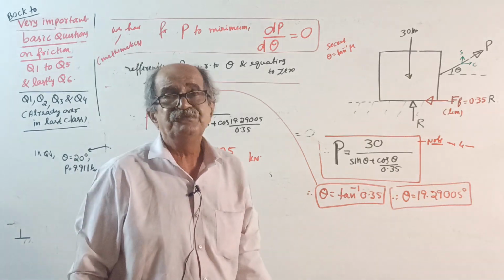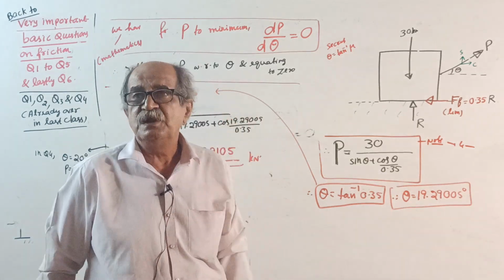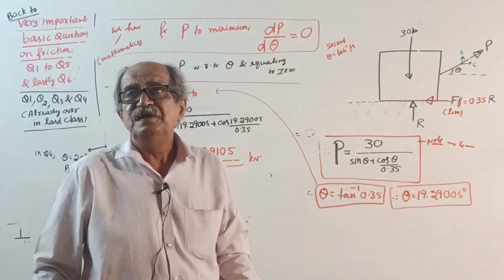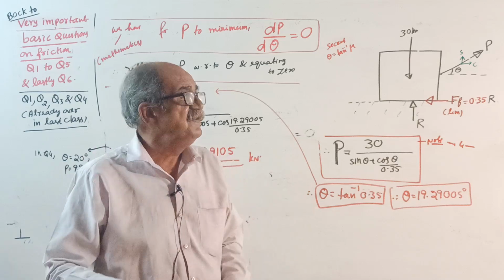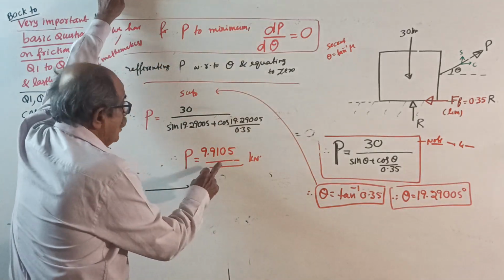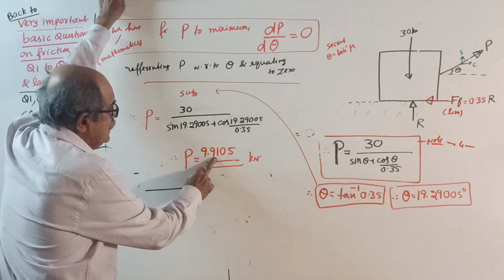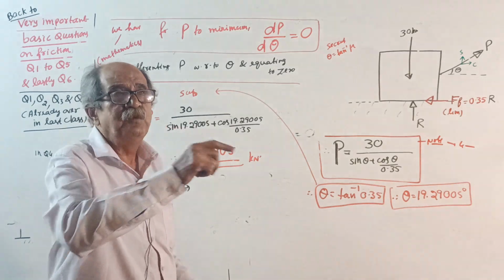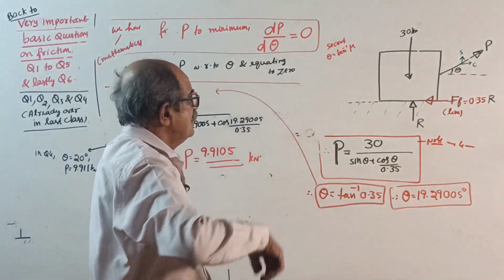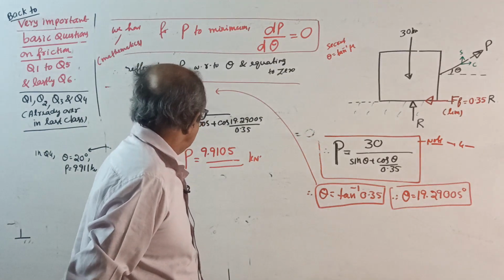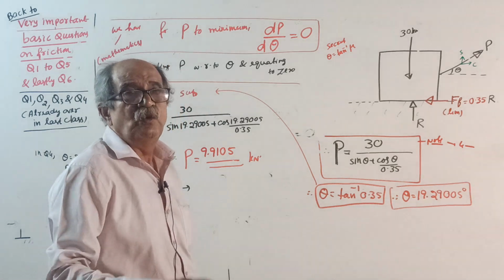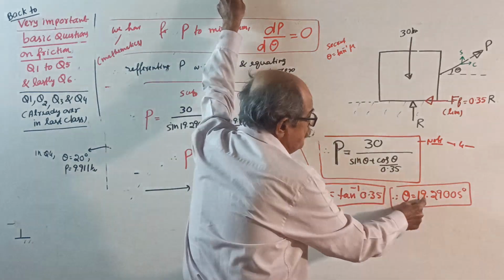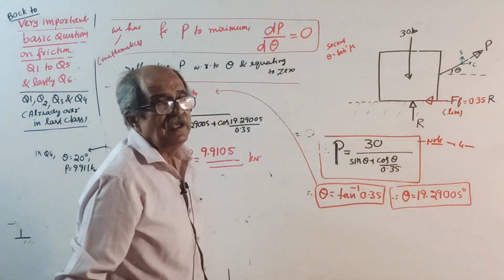Therefore, you write a note here: for the given rectangular block weighing 30 kilonewton, resting on a rough surface with the coefficient of friction 0.35, the least effort required, or easiest way to move it, is to apply a pulling force of 9.9105 kilonewton with horizontal at an angle of little less than 20 degrees, 19.29005 degrees is the answer.